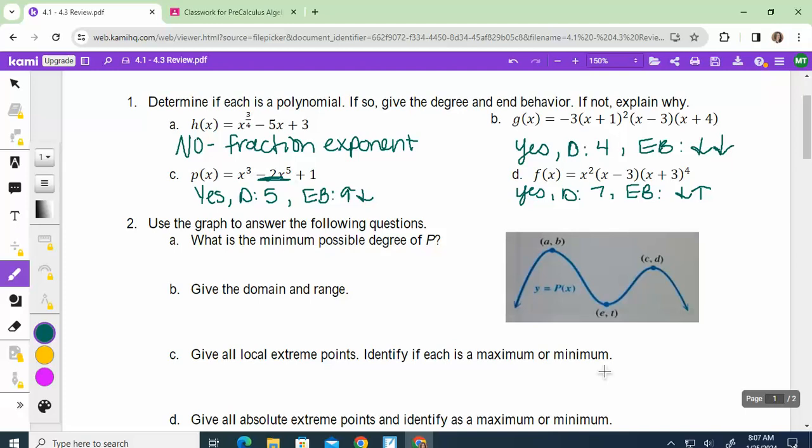Alright, so the next thing, we're going to look at the graph and use it to answer some questions. A, what is the minimum possible degree? I want everybody to take a second, don't say it out loud yet. See what you think and write it down on your paper.